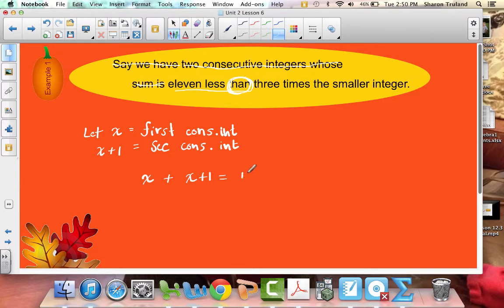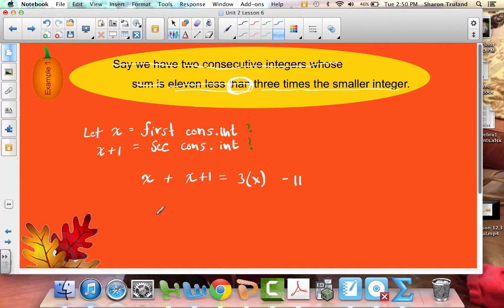We don't do 11 minus, we actually do the flip. We're taking 11 away from, well, what are we taking 11 away from? 3 times the smaller integer. Which one of these is smaller? That's right, the first one. So they want me to do 3 times the smaller.